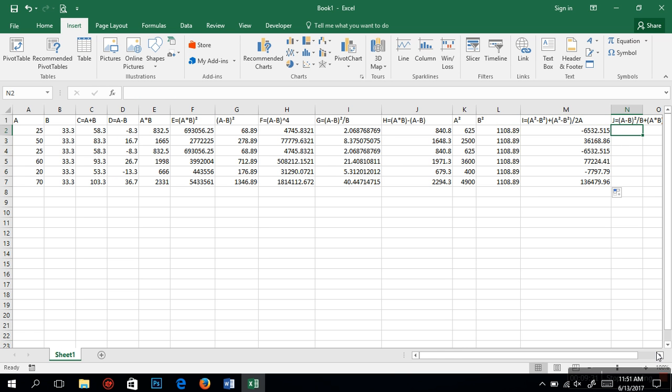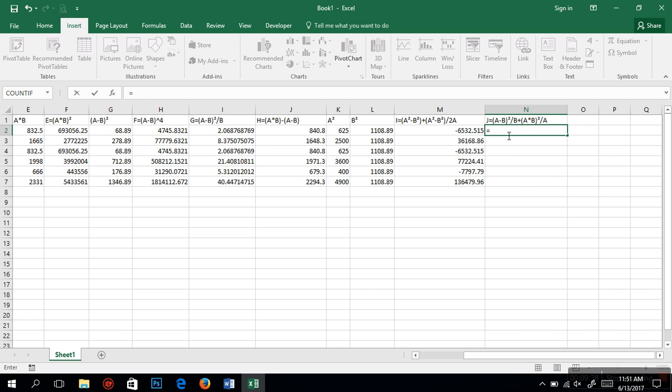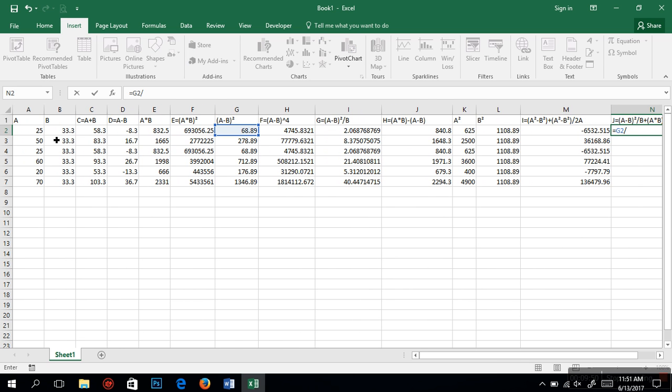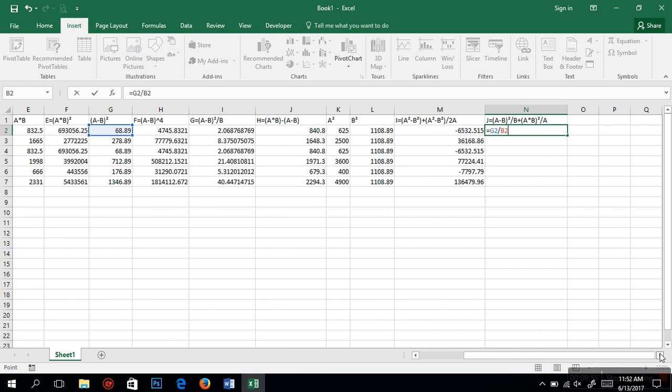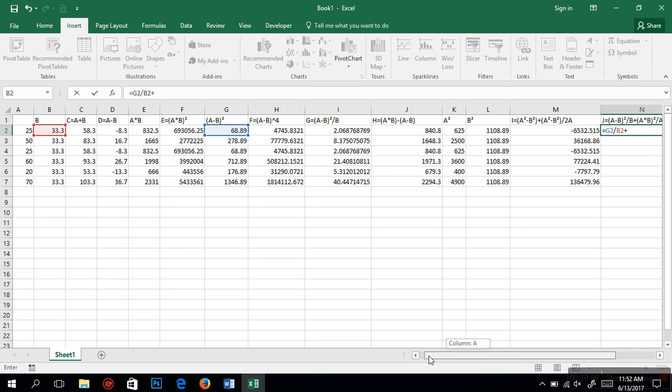Now for the last one, we have a minus b square, because we have a minus b square already somewhere. This a minus b square divided by b. Where's our b? Go back to get our b divided by b. Plus a times b square. Where's our a times b square? We have a times b square.